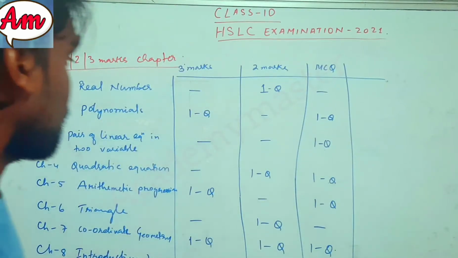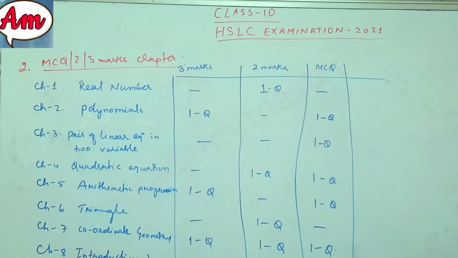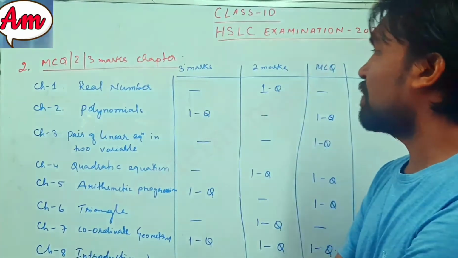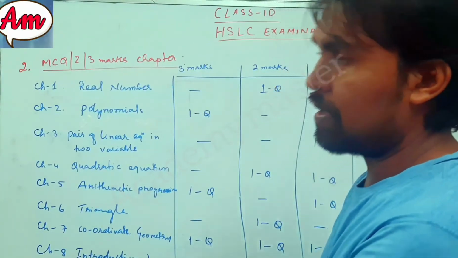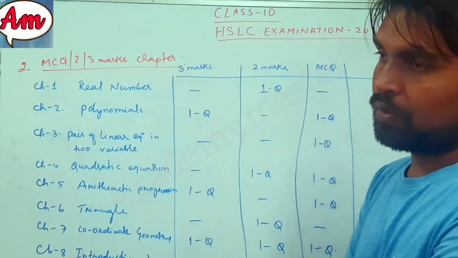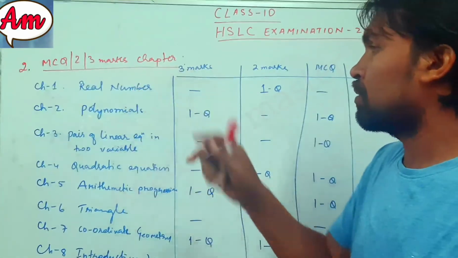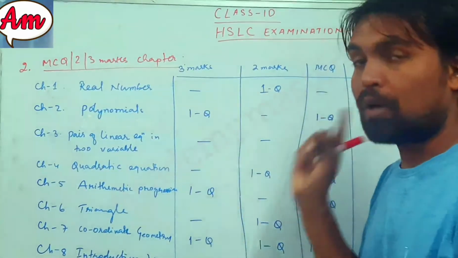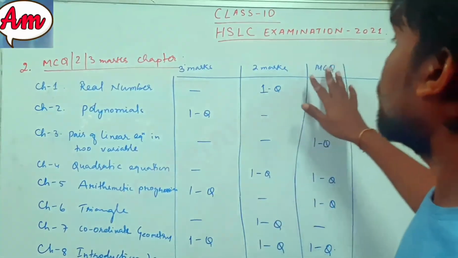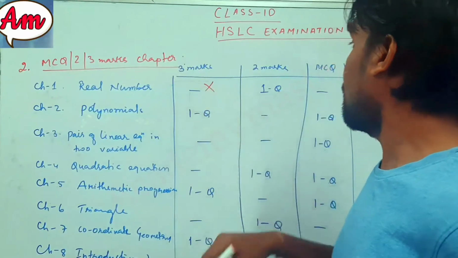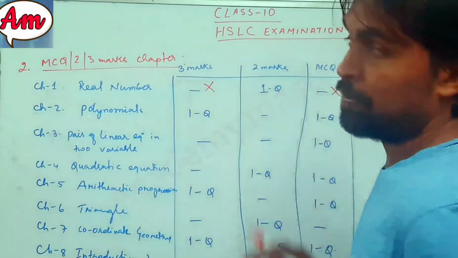First of all, we'll discuss chapter number 1. As you know, the last two exercises are deleted. So simple things are left, LCM, HCF, so you practice it properly. From chapter number 1, you are getting only one 2-mark question. No MCQ is asked and no 3-mark question is asked from chapter 1.